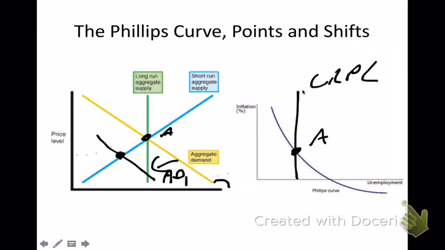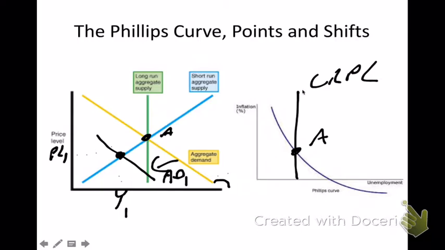Okay, so you have a decrease in price level, and your potential output also decreased, right? That's a movement left on the graph. Well, why don't we move left on the Phillips curve? No, you don't, right? That would be wrong. And again, that's why this gets, I think, confusing: you move one way on one graph, you move the other way on the other.